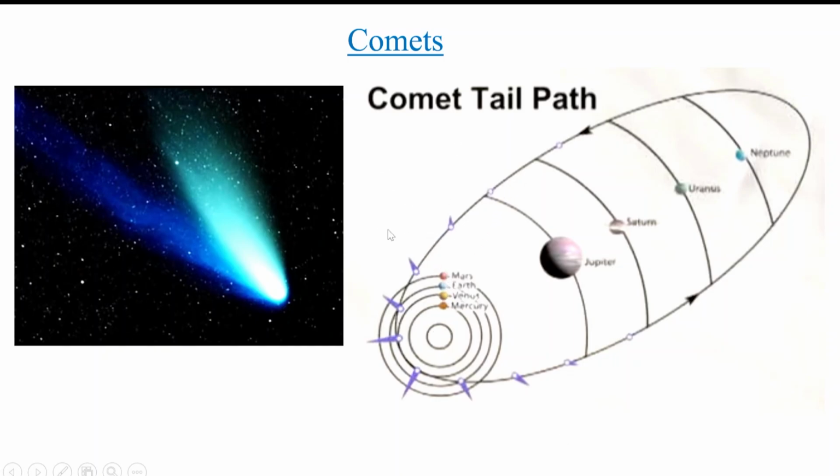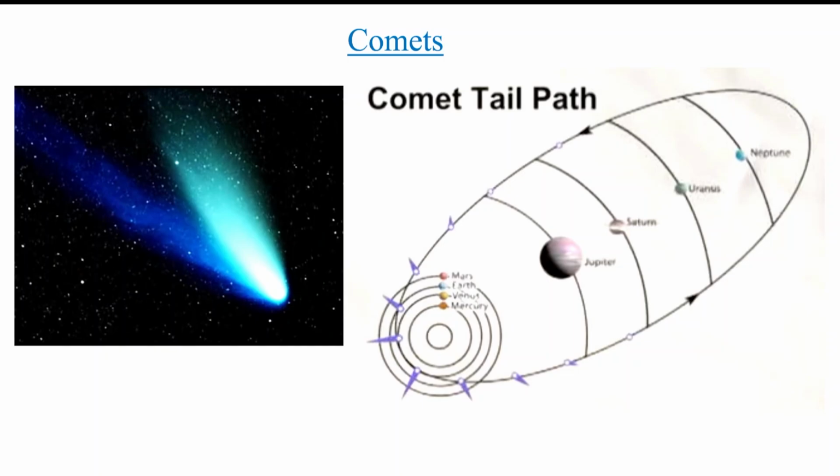But remember, when it goes more or less away from the orbit of Jupiter, it loses its tail again. So finally, a comet will only possess a tail while it is very near the sun, or within the asteroid belt, because just after Jupiter you have the asteroid belt, then you have Mars.